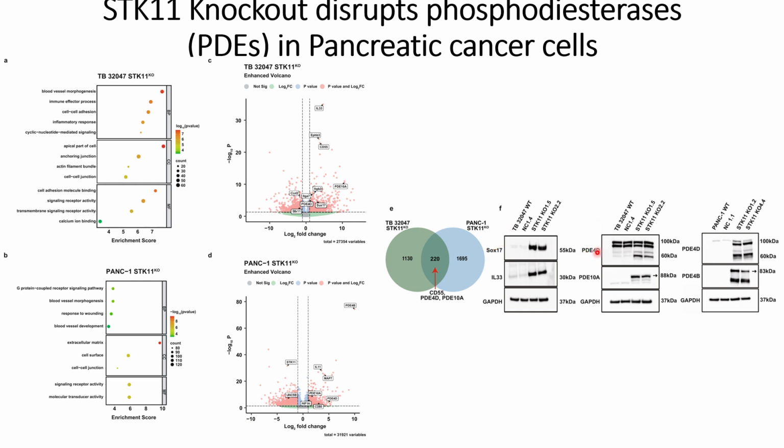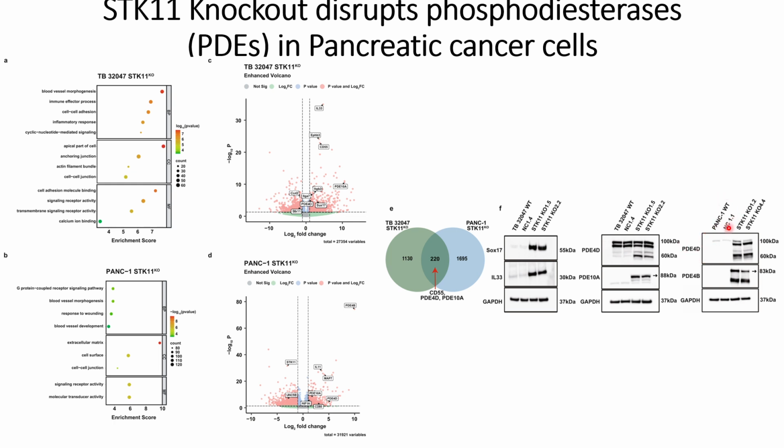And when they checked PDE4D and PDE10A, they could see that they are also upregulated in TB32047. That can be seen here, that the 60 kilodalton signals are almost very faint in the case of wild type and control.